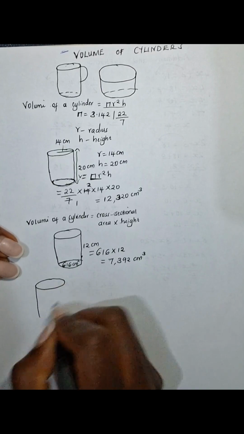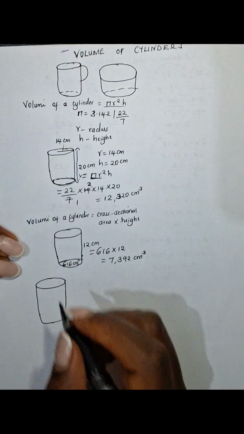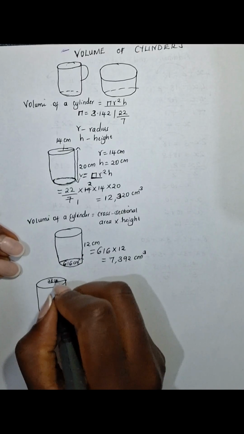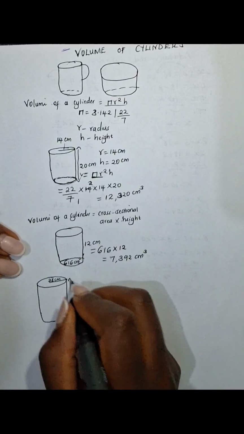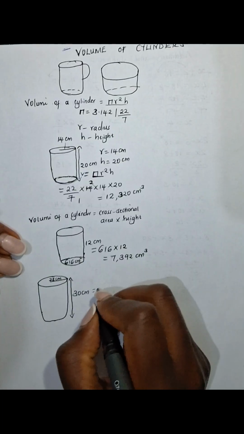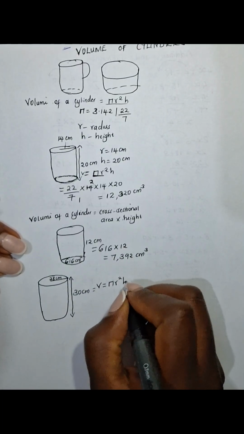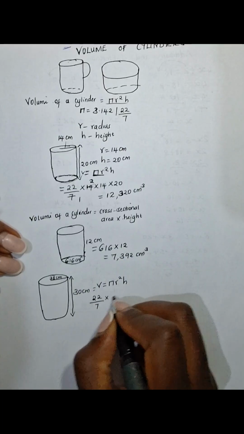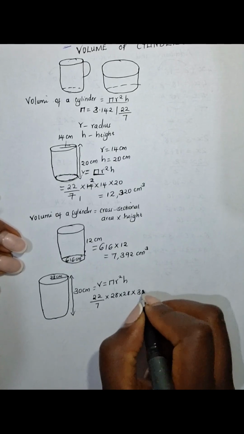So assume I have this cylinder here that has the radius as 28 centimeters and the height is 30 centimeters. I know very well that the volume is pi r squared times height. So what will I do? I'll just write 22/7 times 28 times 28 times my height, which is 30.